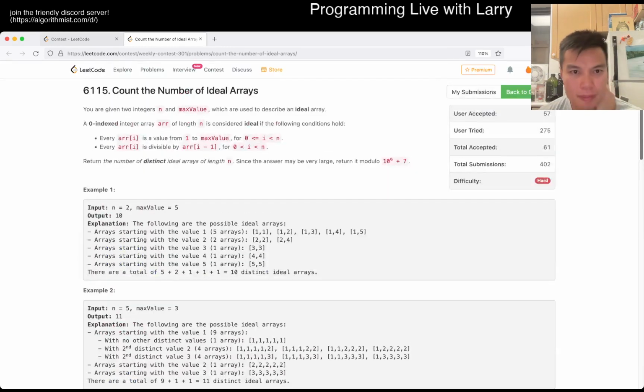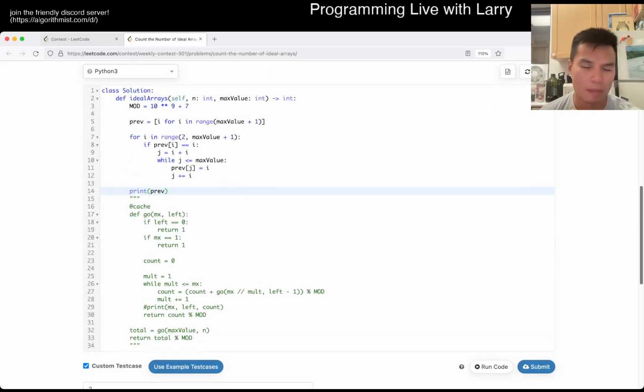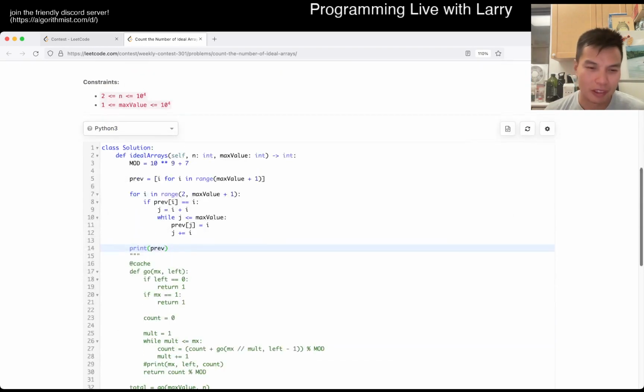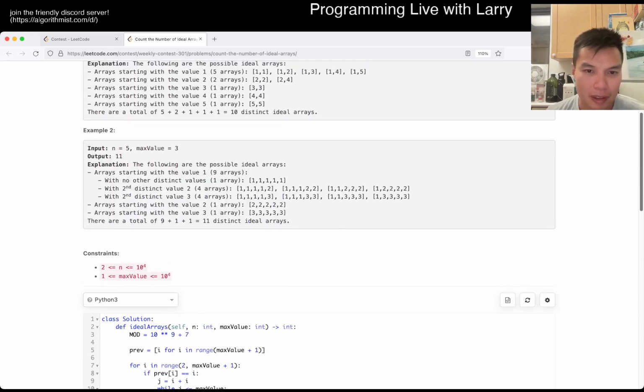Okay. Yeah, mine is even n cubed. I don't know how to do it. So, like, I don't even have an n square algorithm. Okay.